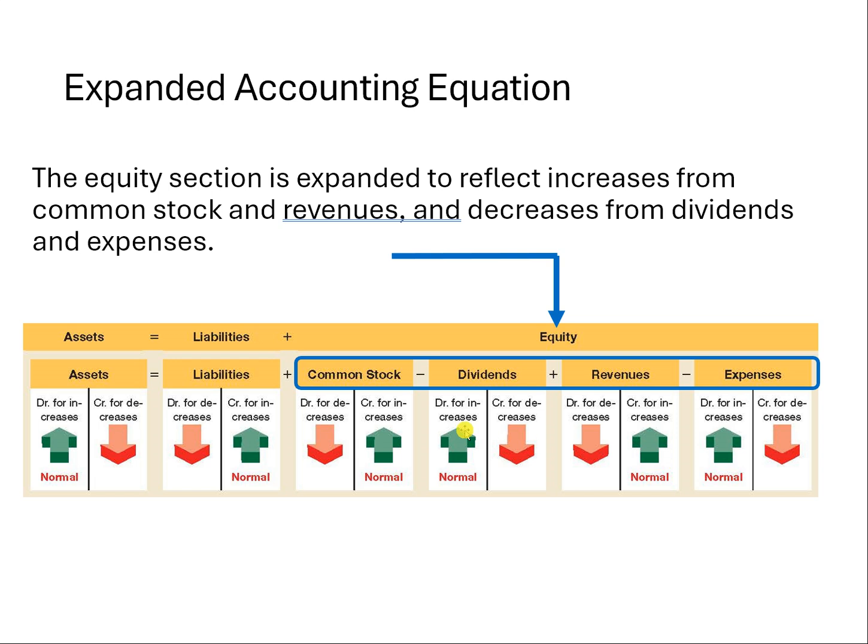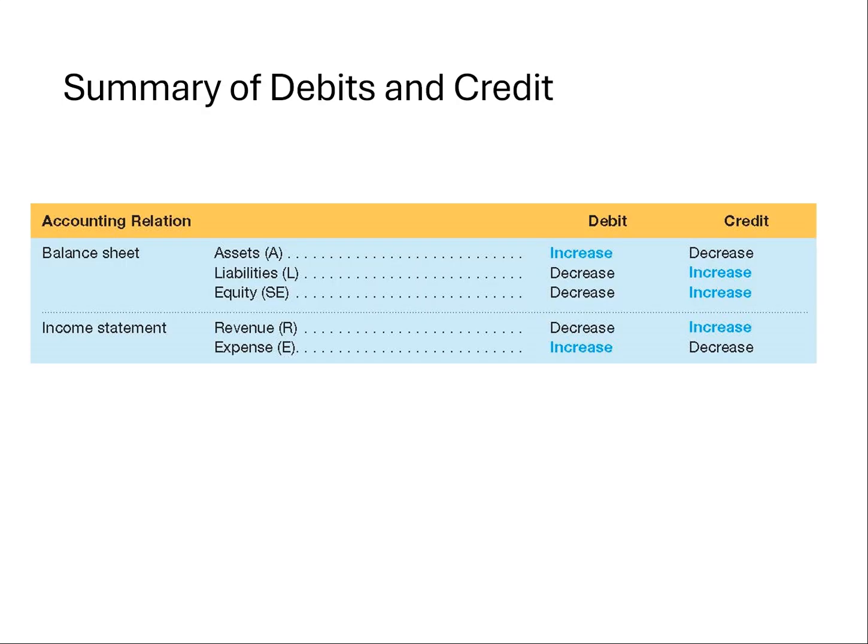However, dividends and expenses reduce equities, so we flip the rule again. Dividends and expenses share the same rule as assets. Increase dividend or expense, that's a debit. Reduce dividend or expense, that's a credit. It takes a little bit of time to understand these rules, but it's not that difficult. Here we have a summary of debit and credit rules.